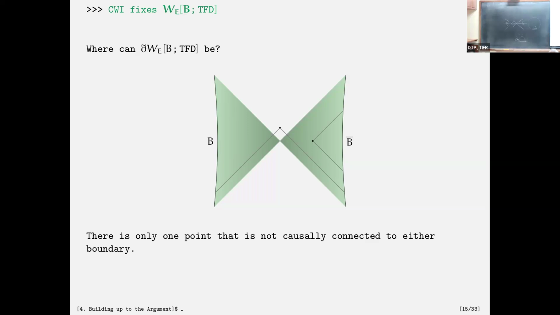Because we know that the entanglement wedge has to include the causal wedge, which means the boundary of the entanglement wedge has to be space-like to both boundaries. But there's literally a single point that satisfies that property. So that means that the CW completely fixes the max CW in the TFD.